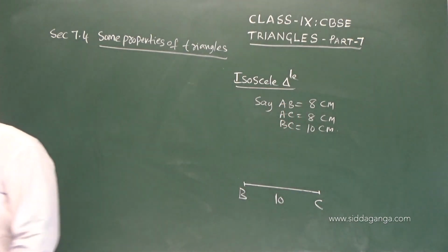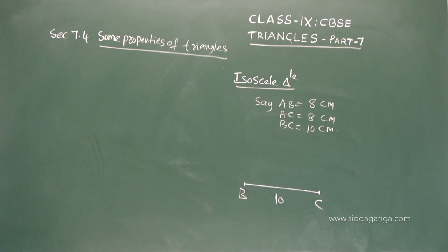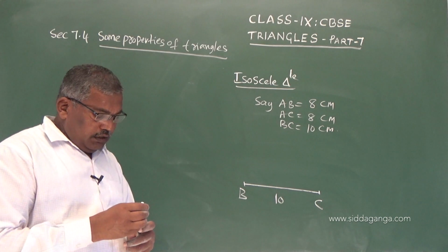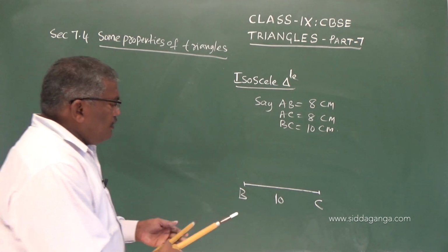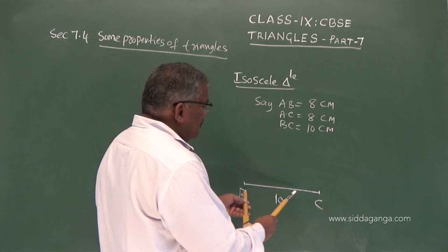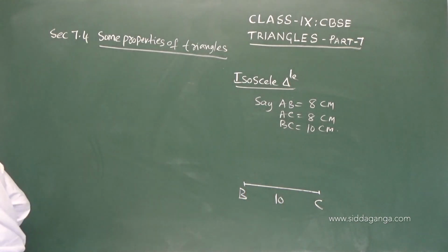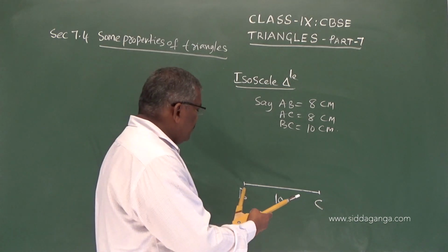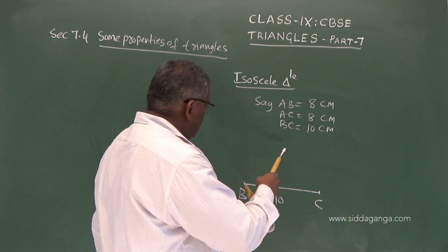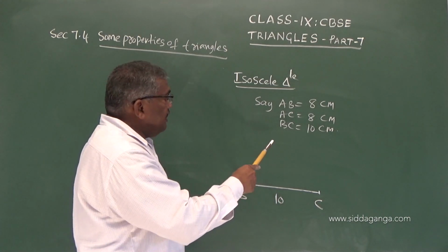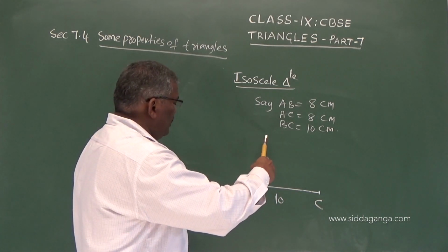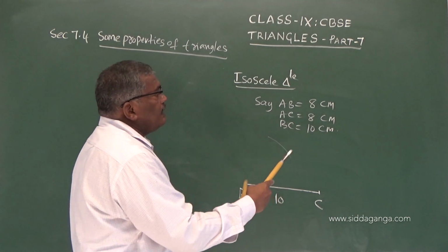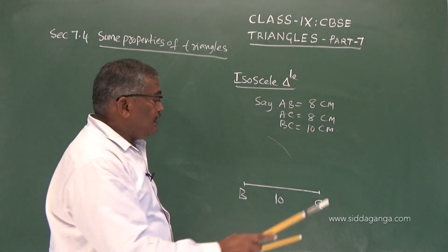For that you will use a compass. Now I will take 8 centimeter on this scale. With B as center and radius 8 centimeters, we will cut an arc.